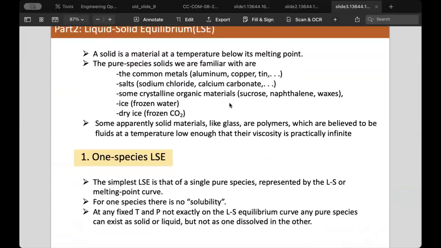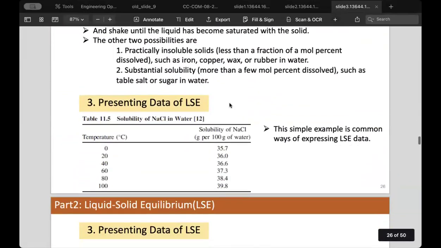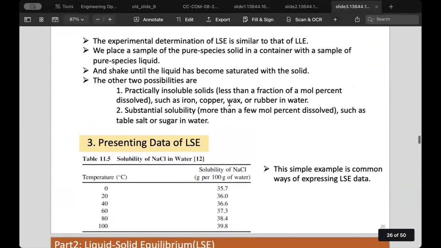For liquid solid equilibrium, for example, we consider solubility, of course. We can start from a very simple one, the equilibrium of sodium chloride in water. This is the solubility of salt in water.